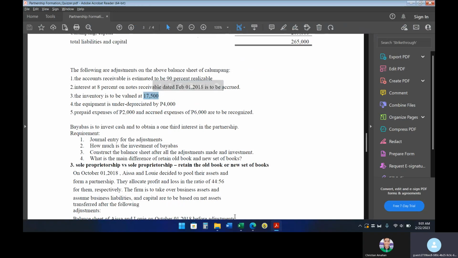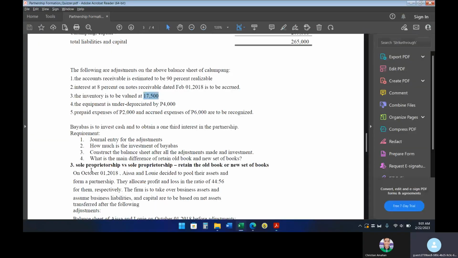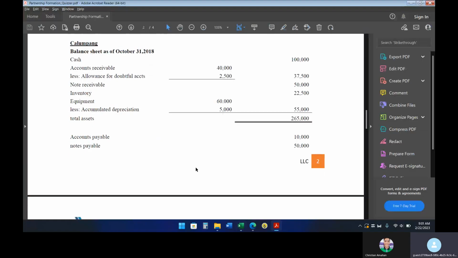So we have adjustments to make. Now, the current inventory balance is at 22,500, right? 22,500 versus its fair market value of 17,500.